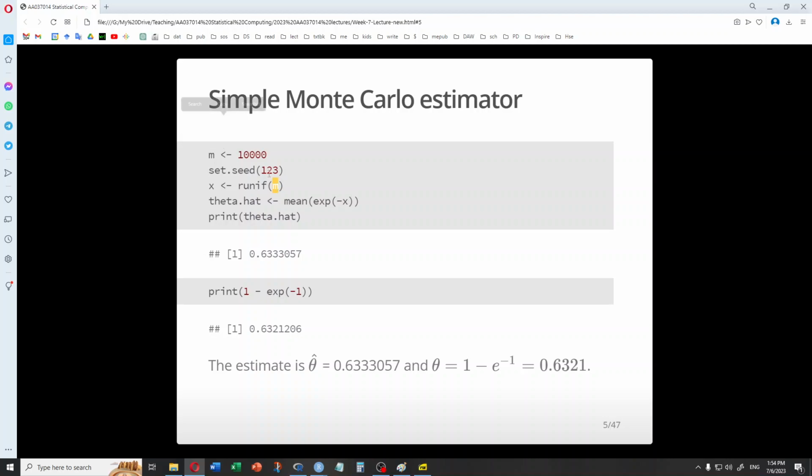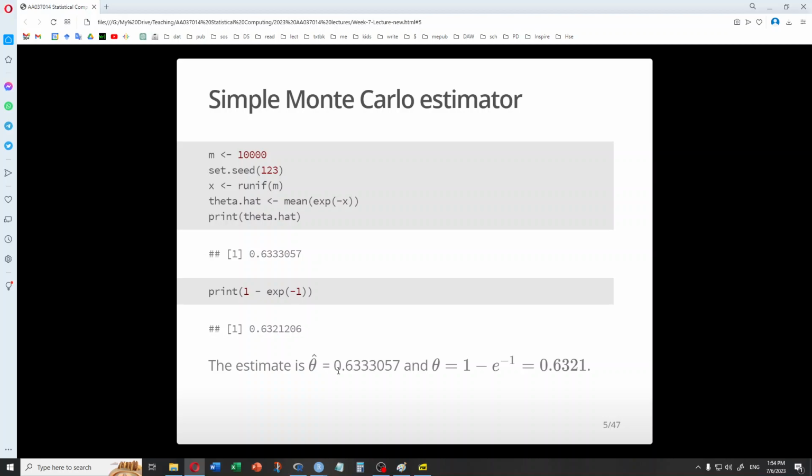And because we just put m here, where m is equal to 10,000, by default it will be between 0 to 1. And then next is the theta hat, and theta hat is given by the mean of these exponents of negative x, and the value, as we have seen before, is 0.6333.